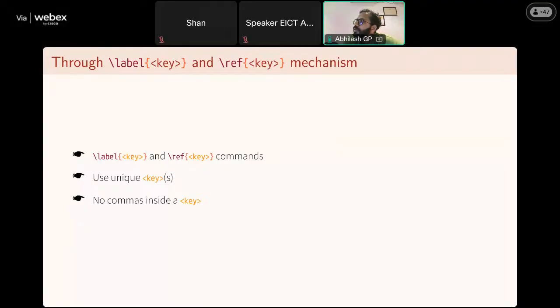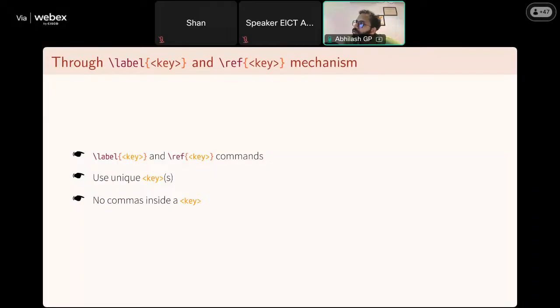When we add a section, we need to insert a label after the argument, like slash section with the mandatory argument. You add the section title, then we need to place a label. So LaTeX will identify, okay, this is section 1, this is section 2, this is figure 1, this is theorem 1. We need to add a command after the object, so that is the main thing. That is the label positioning in the LaTeX document.